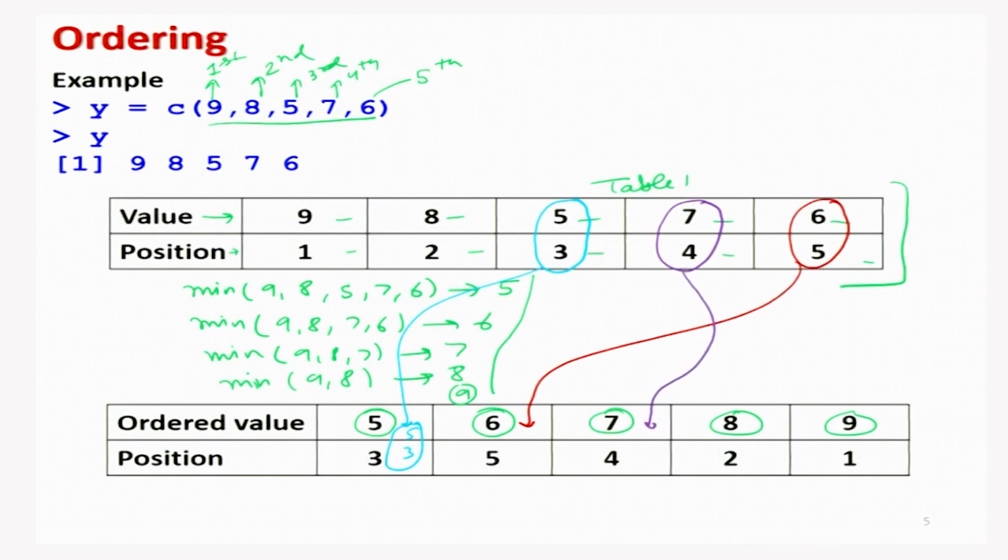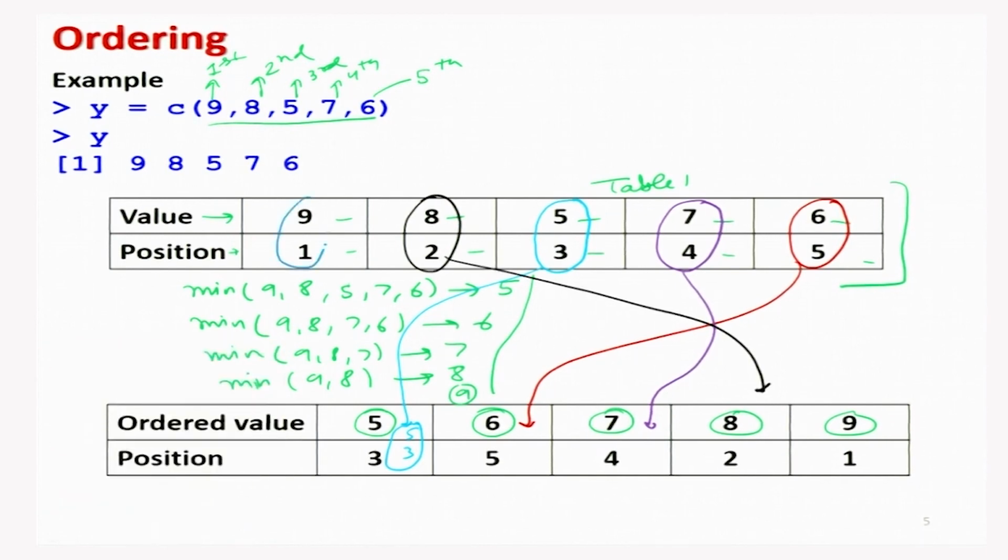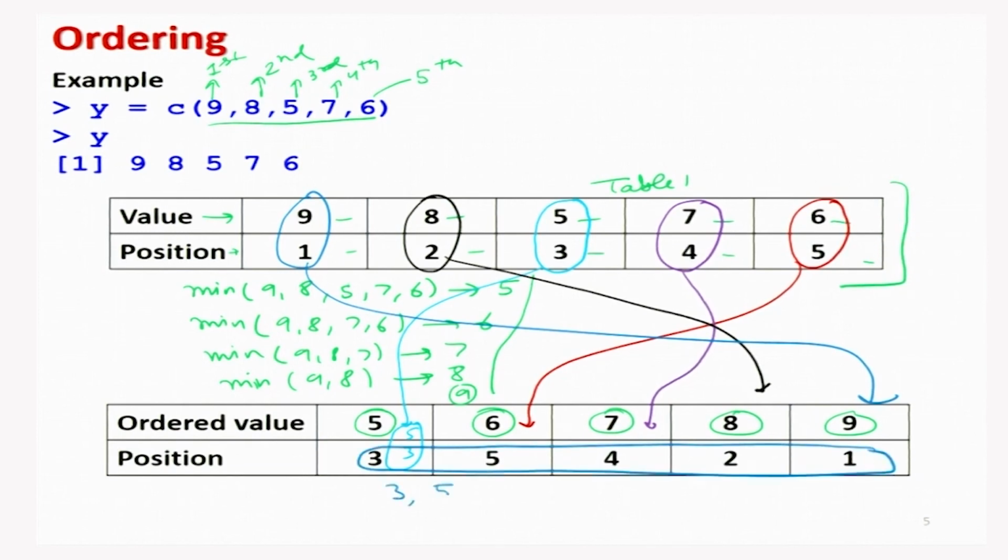I do the same with 8. Finally, I choose the last value 9, which is at position number 1, and bring it here. Now, what are the values of these positions? This is 3, 5, 4, 2, 1. Just try to keep this in mind.